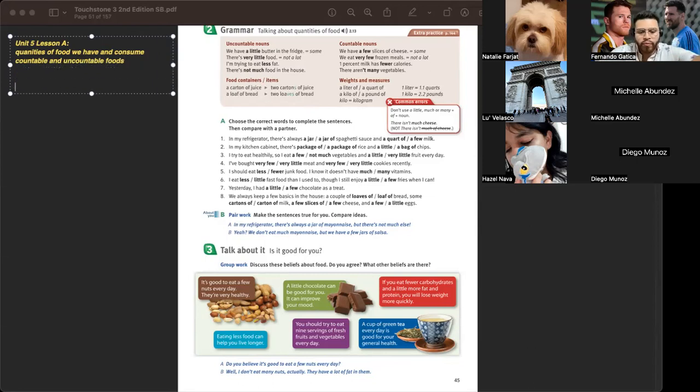Remember, with uncountable nouns, we use a little, very little, less, and in negative sentences, not much. With countable nouns, we use a few, very few, fewer, and not many.